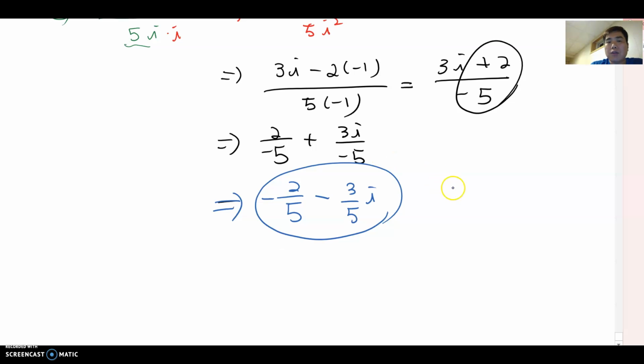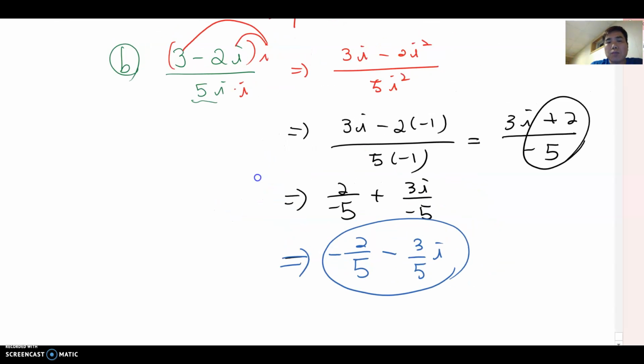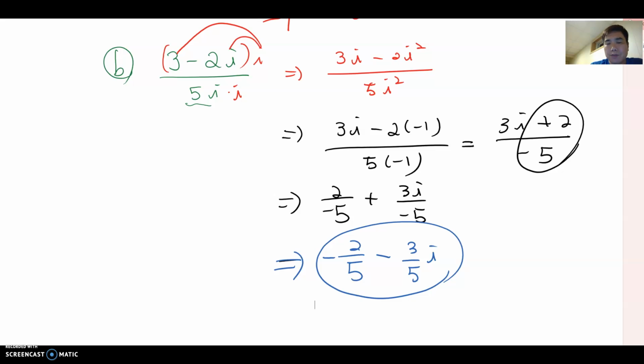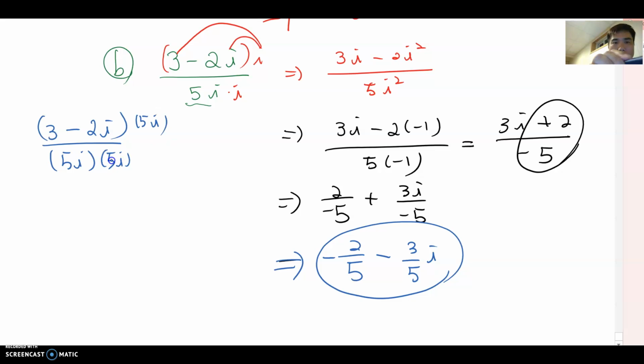Now I'm going to show you what happens if we multiply by 5i from here. So 3 minus 2i over 5i, and then we multiply 5i on both numerator and denominator.